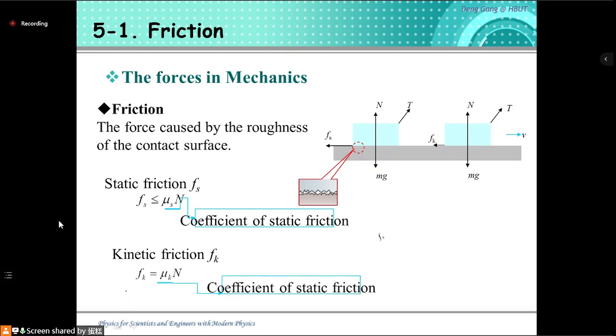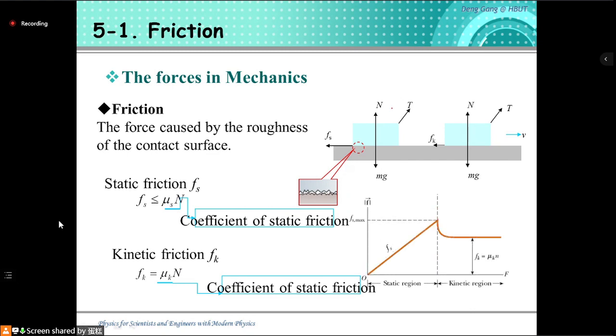Usually this kinetic friction is proportional to the normal force, but the static friction can change with the force you apply on it. So if we draw a diagram, this is the force component in the horizontal direction.